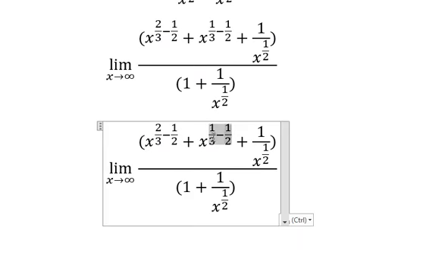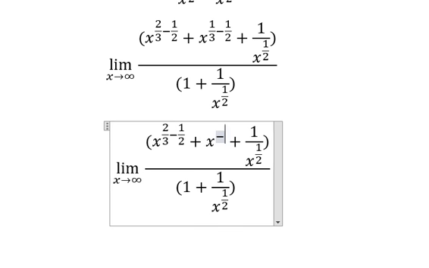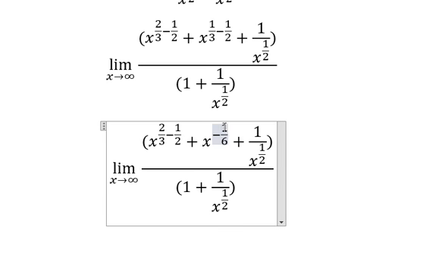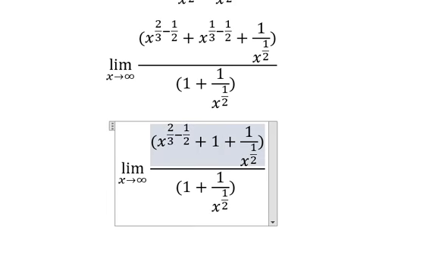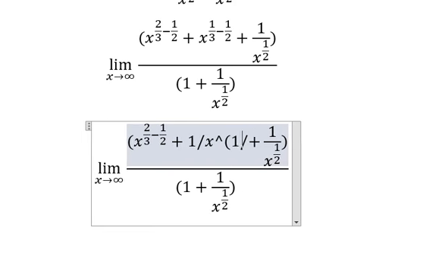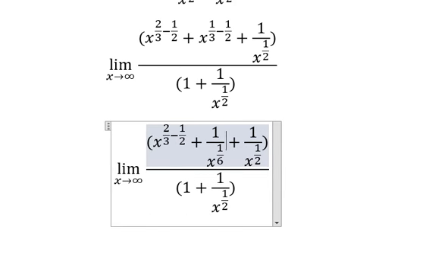This one we calculate and we get negative 1/6. So we put 1 over s to the power of 1/6. This one we calculate and we get 1/6.